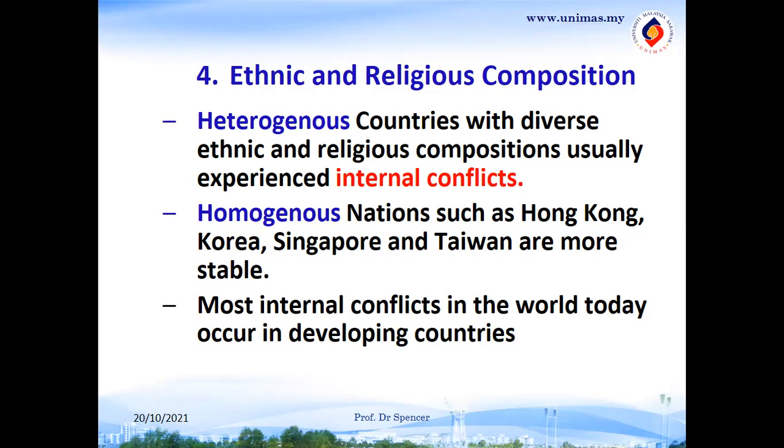Contohnya Hong Kong, mostly Chinese, Korea, Singapore, majority Chinese, and Taiwan. So they have less conflict kalau dibandingkan dengan countries which have a lot of or numerous ethnic group or religious group. Right. So most internal conflicts in the world today occur in developing countries. Okay, banyak di Africa and also other parts of the world as well.